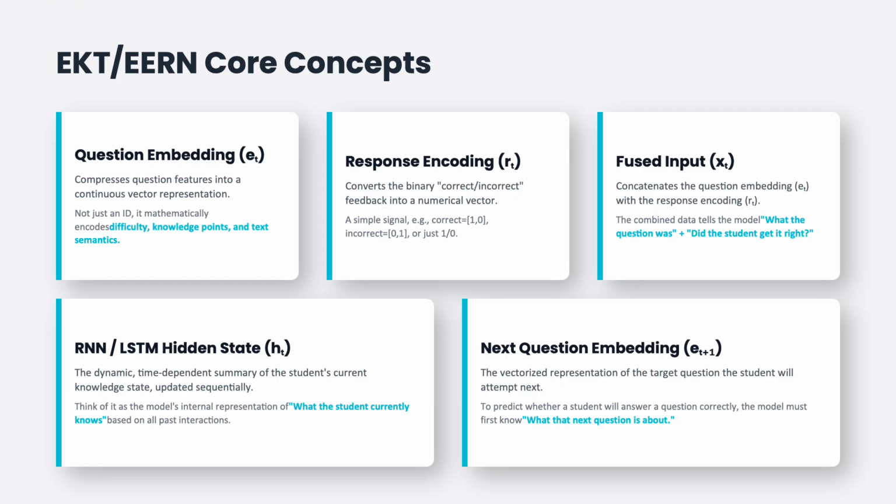First, we have exercise embedding. Think of this as translating each question into a unique digital fingerprint that captures its essence. Then we have knowledge components, KCs, which are the fundamental skills we want to teach, like understanding fractions or writing a thesis statement. The Q matrix acts like a bridge, connecting each exercise or question to the specific KCs it tests.